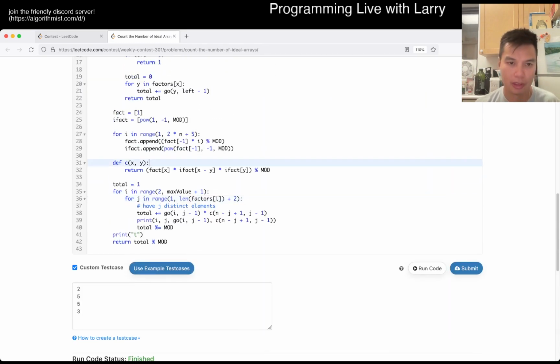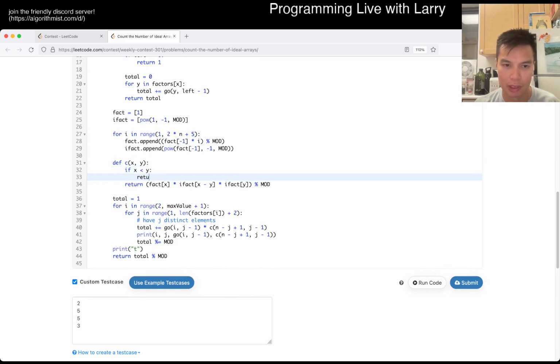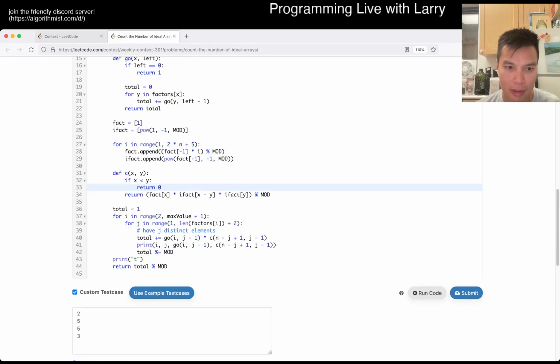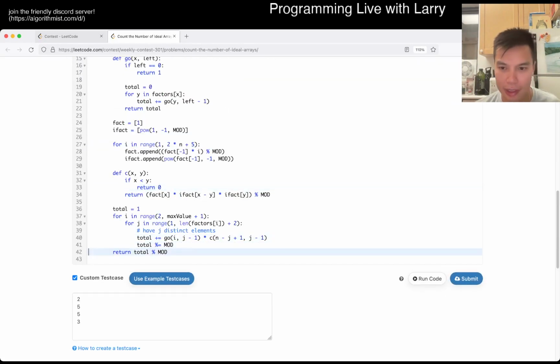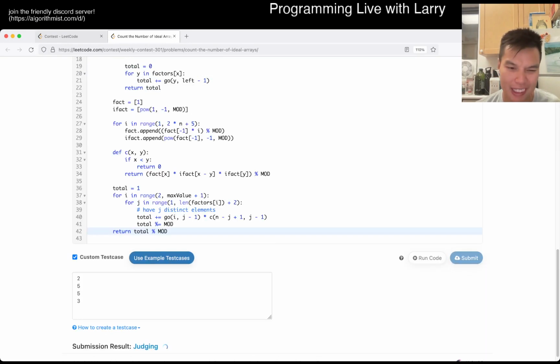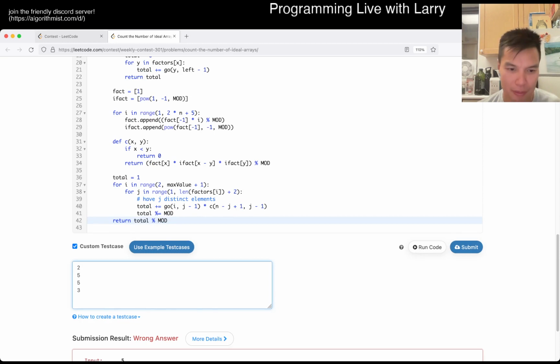So yeah, if x is greater or less than y, we return 0. Okay. This is way yikes, but I think I got it, even though this is way slow. I think the big part was just not, oh, I should have tested the 10,000 case. Maybe a time limit. Oh, that's even worse.